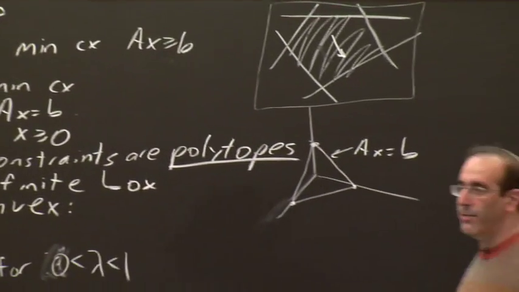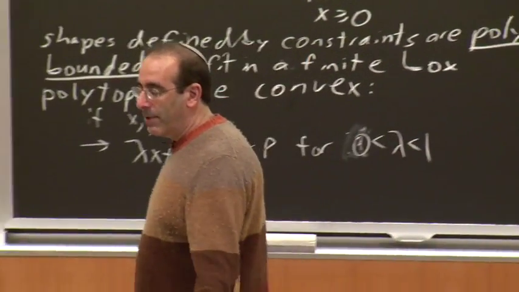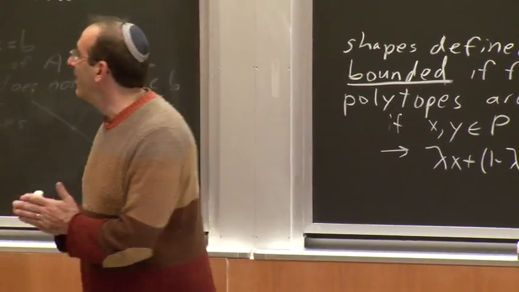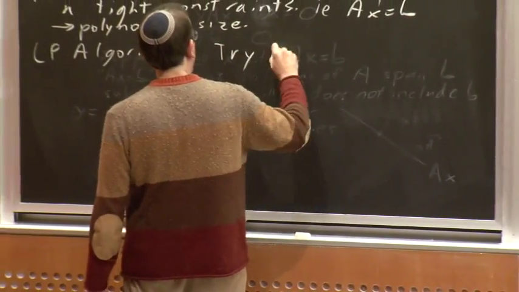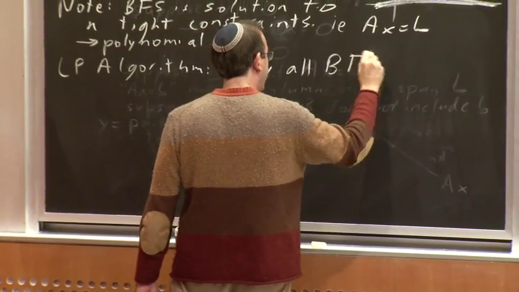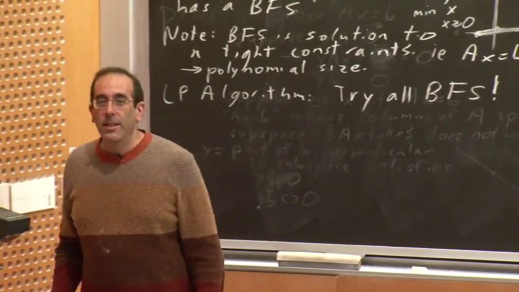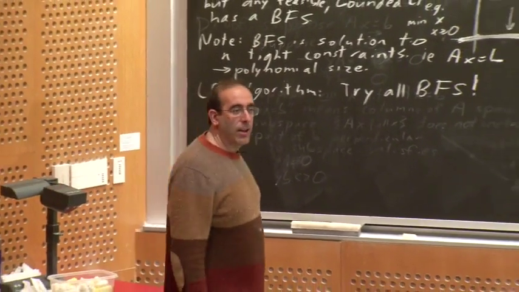Okay. So knowing that the solution is at a basic feasible solution, how do you suppose we could find it? Yeah? Check all basic feasible solutions. Try all basic feasible solutions. Why is that a finite algorithm?